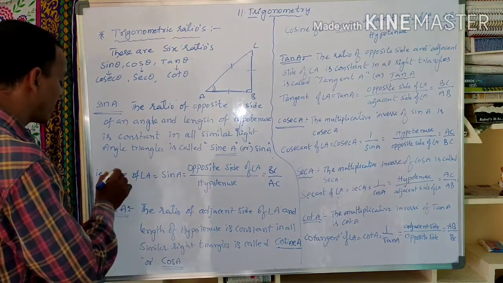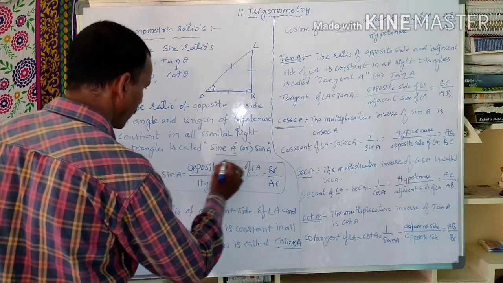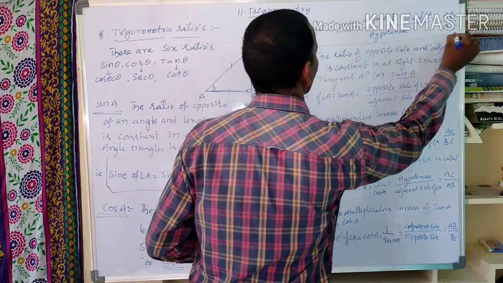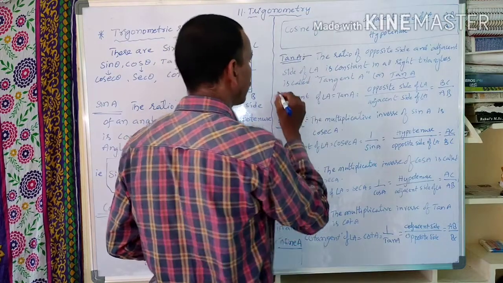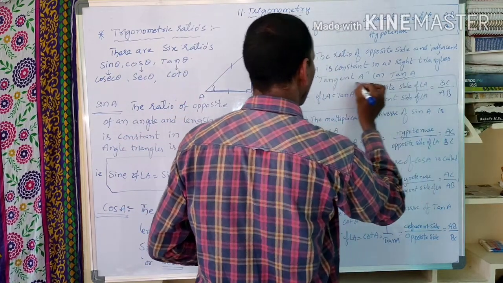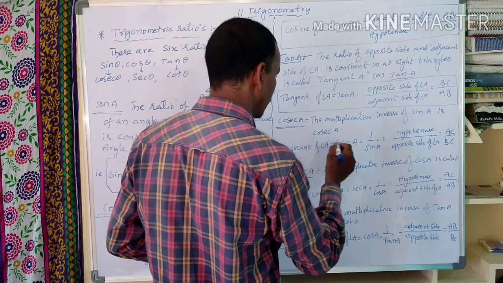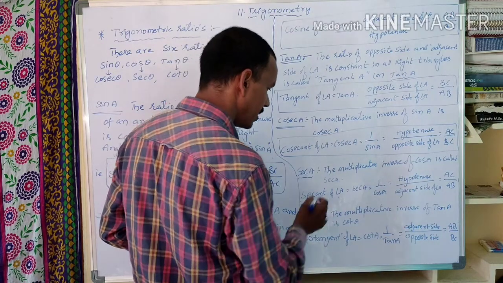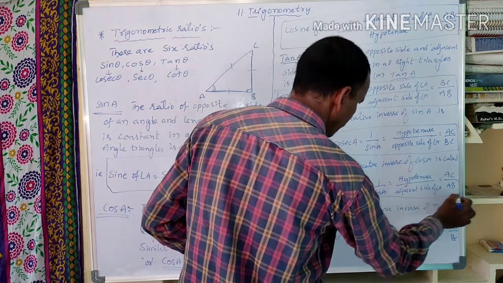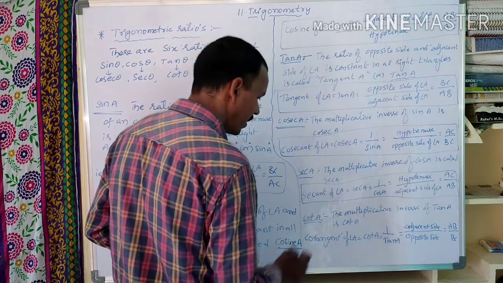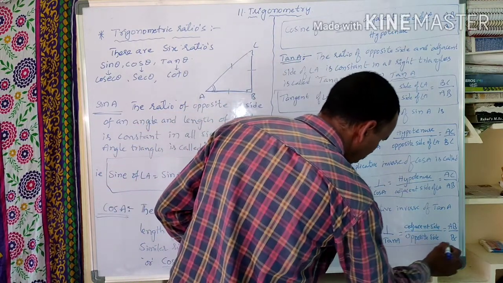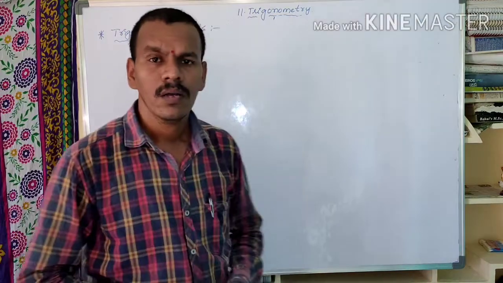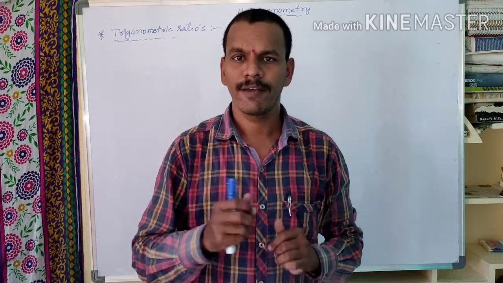These are the 6 formulas: sin A, cos A, tan A, cosecant A or cosec A, secant A or sec A, and lastly cotangent of angle A or cot A. These are the 6 trigonometric ratios. Now, once more, we can revise the trigonometric ratios.